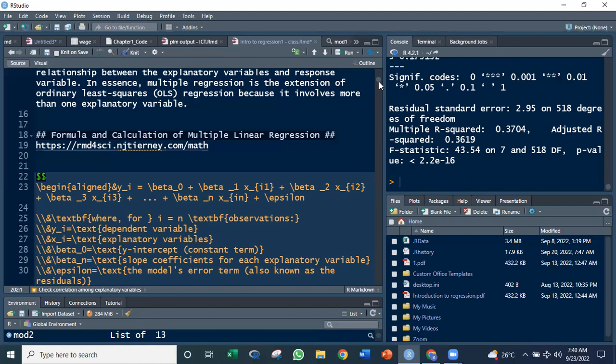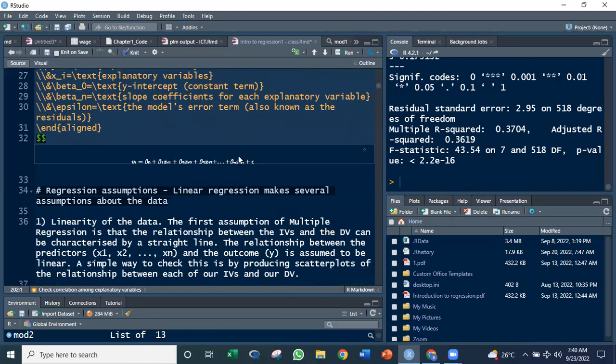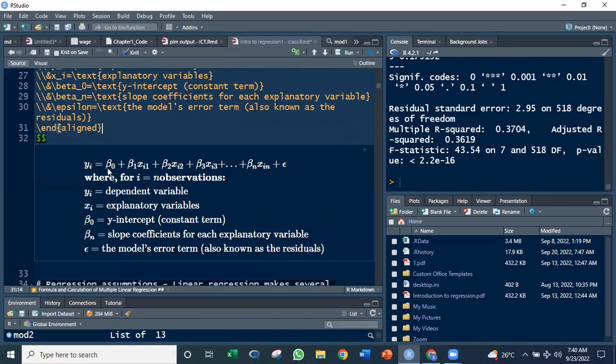And we looked at the general equation of a linear regression. So this is the equation of a multiple linear regression where your x_i's are your independent variables, they're your predictors, and your y is your dependent variable.